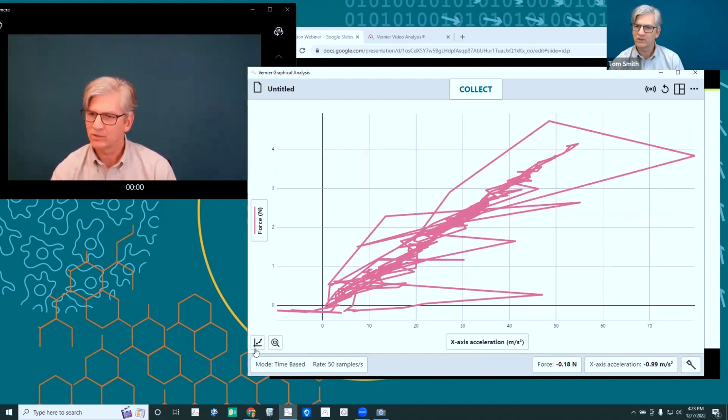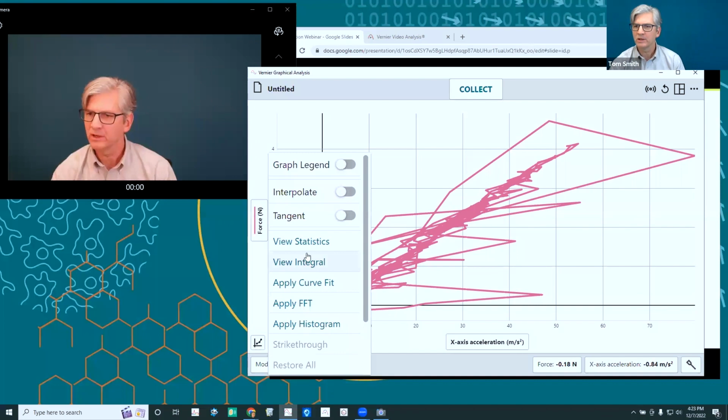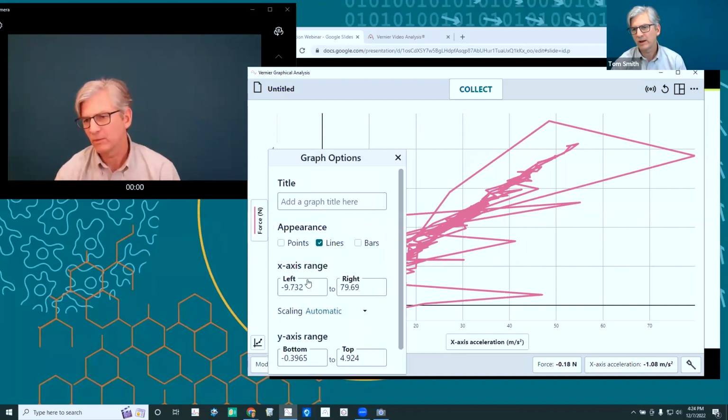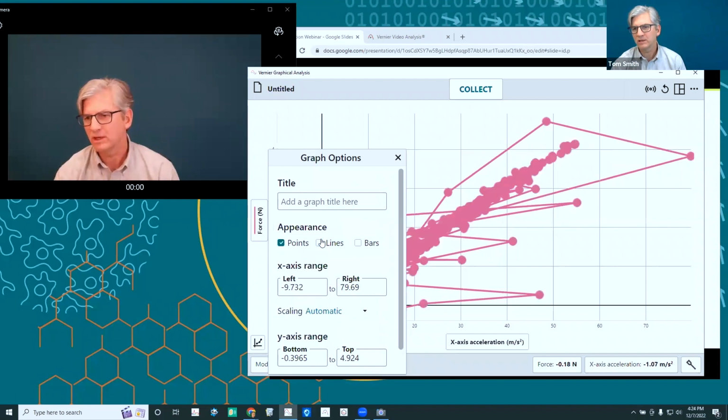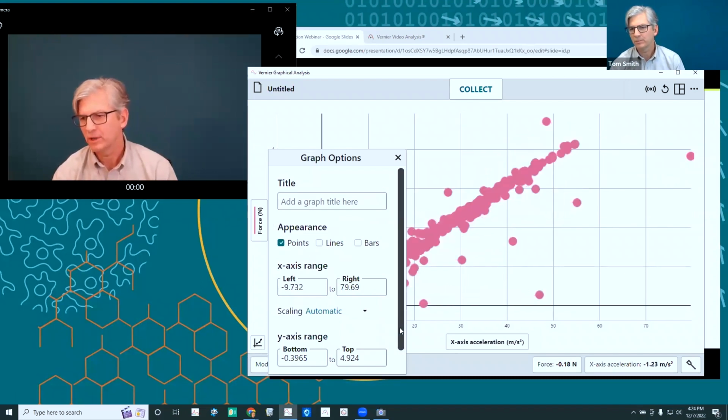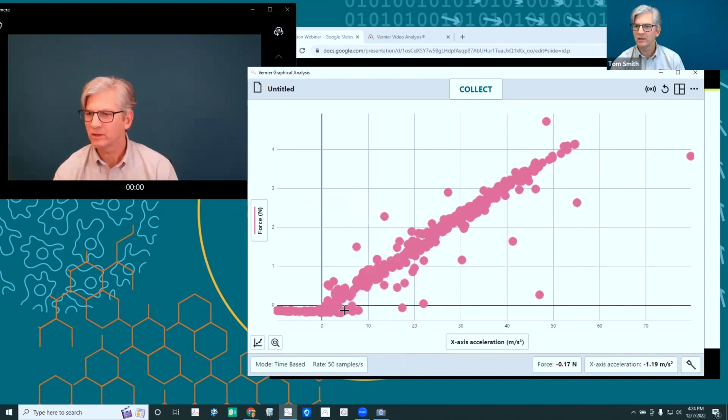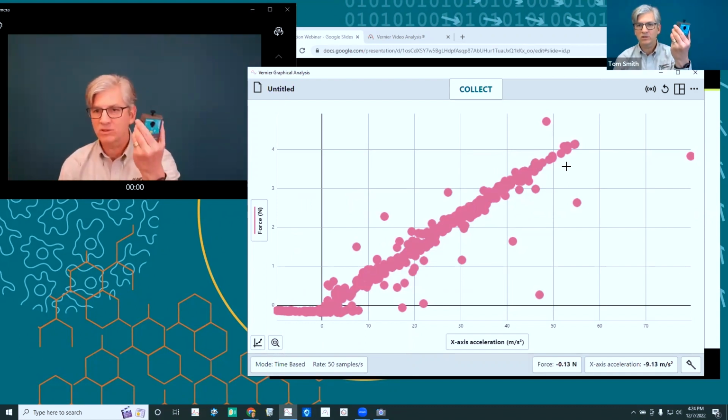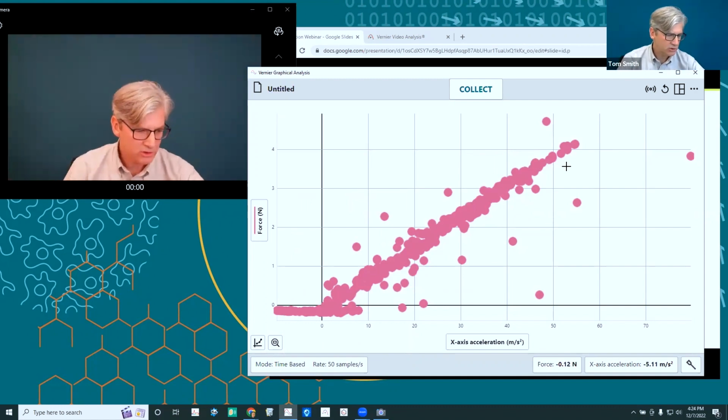That looks a little messy, but if I change my graph options to points instead of lines, we get a better picture. You can see a pretty good scatter plot of force versus acceleration. And you could use this, going back to Newton's second law, to determine the mass of this particular sensor. So one application there.